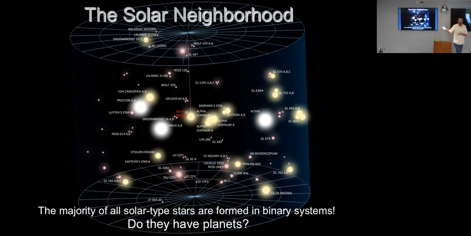But the specific stars here, for the most part, aren't really that important. The thing you want to take away from this is how many of them are not by themselves. If you look around us in the solar neighborhood, you have a lot of binary systems, triple systems, quadruples, etc. Even the very nearest system is actually Alpha Centauri A and B, and Proxima floating around presumably somewhere in this figure.